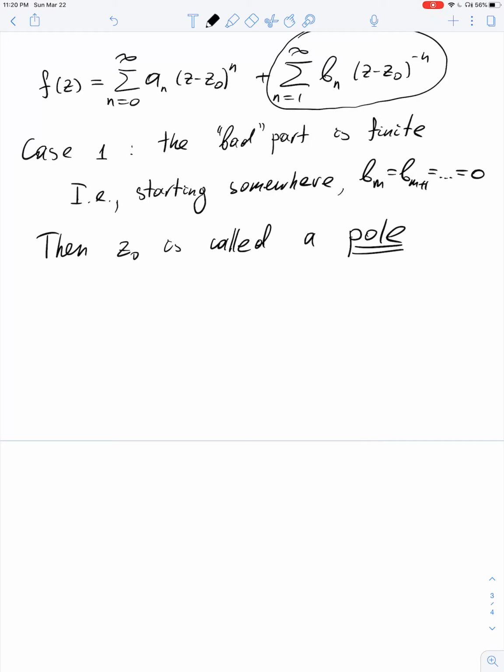Then case 2: the bad part goes forever. That's kind of a bad case.